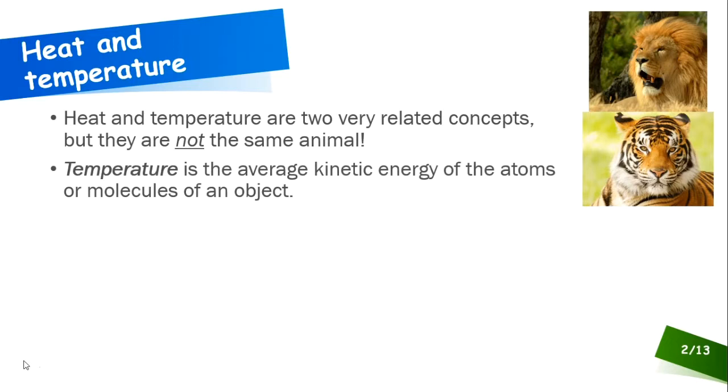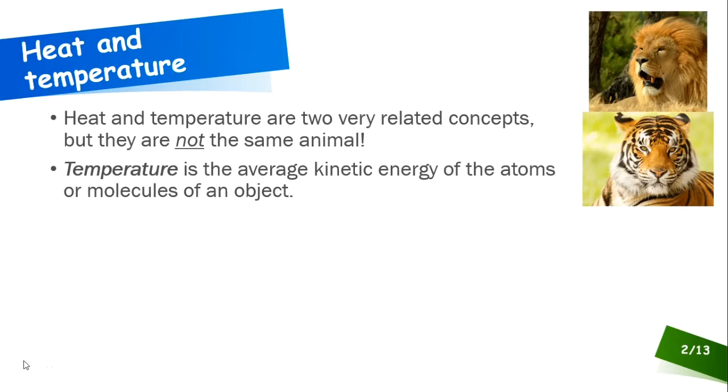Temperature is the average kinetic energy of the atoms or molecules of an object. Whether you're looking at a solid, a liquid, or a gas, the atoms of that material are vibrating. There's a speed associated with that vibration, but not every atom is vibrating at exactly the same rate, so you've got different speeds going on inside the material.